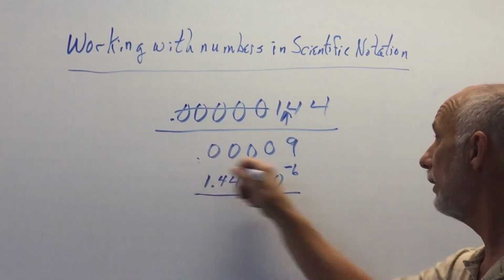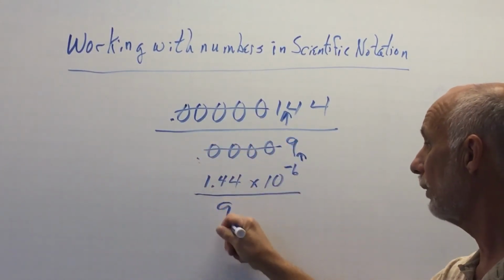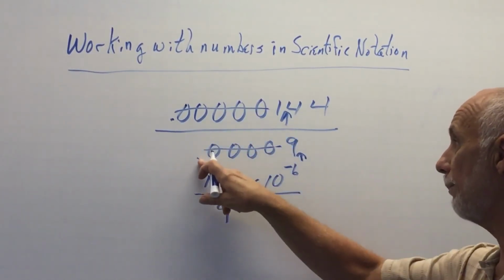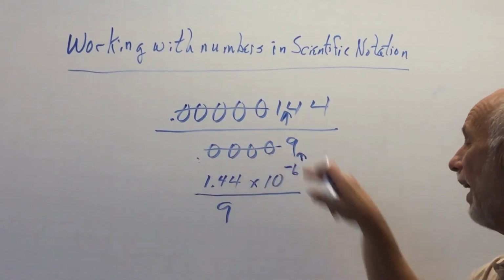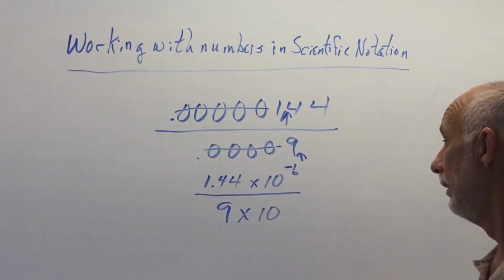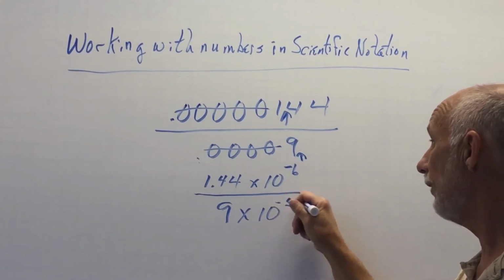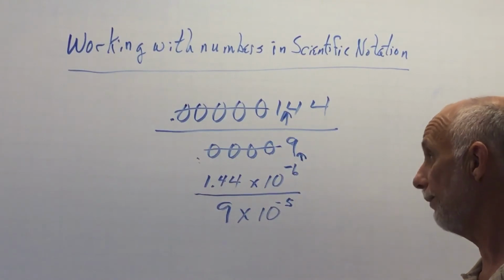Again, here, place the decimal behind the first natural number, drop the zeros, you get the whole number 9. Count how many places, 1, 2, 3, 4, 5 places, so that's times 10, but not 10 to the 5th, 10 to the negative 5th, because again, I want to move it to the left.